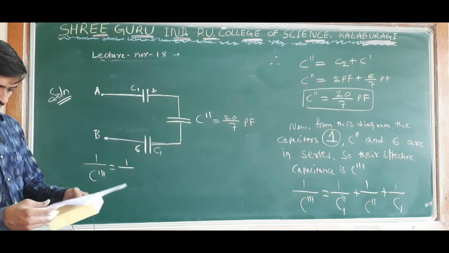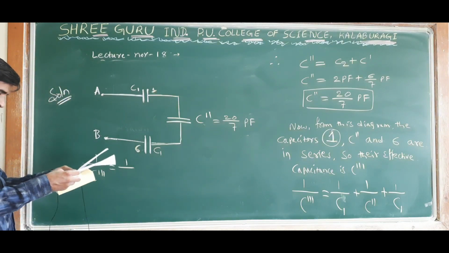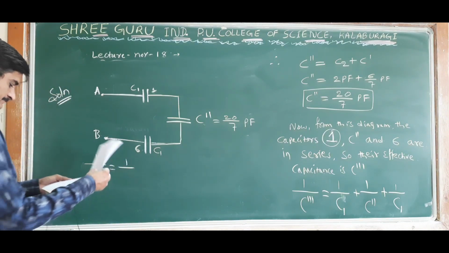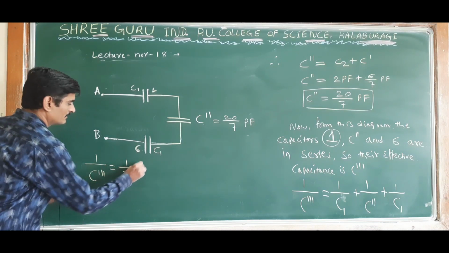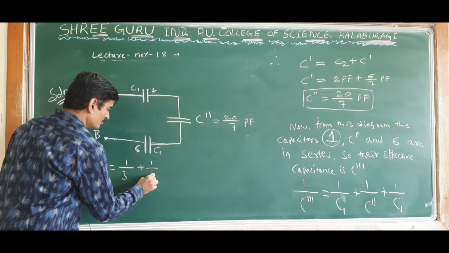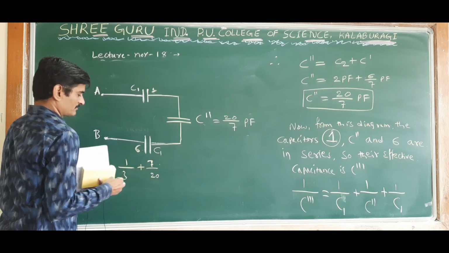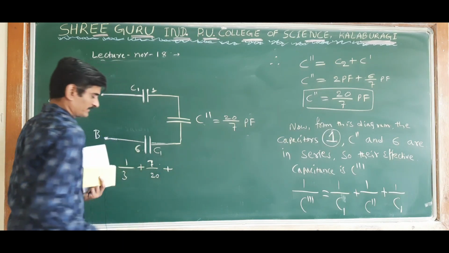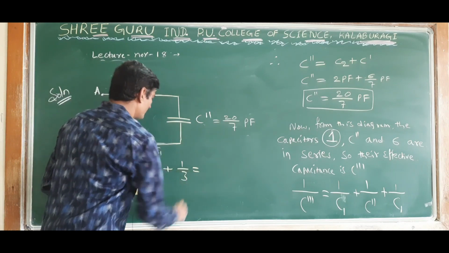Okay, wait. C1 value is 3 picofarad and C2 value is 2 picofarad, right? So 1 by C1 is 1 by 3, plus 1 by C double dash. C double dash value is 20 divided by 7, so 7 divided by 20, plus 1 by 3. Now simplify this.